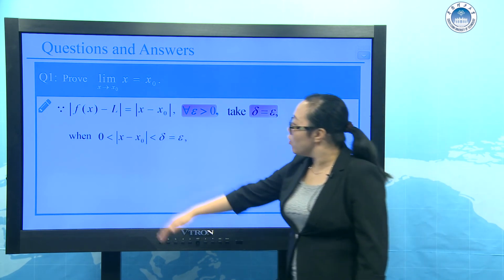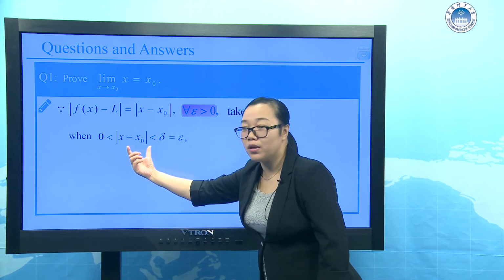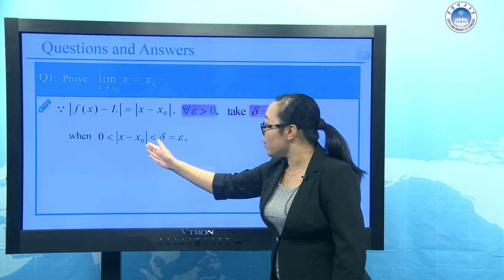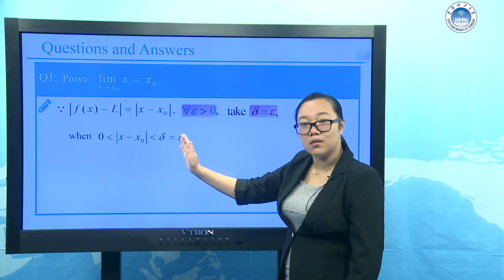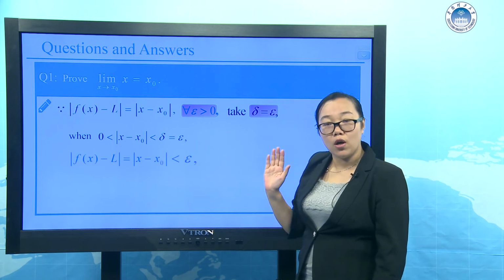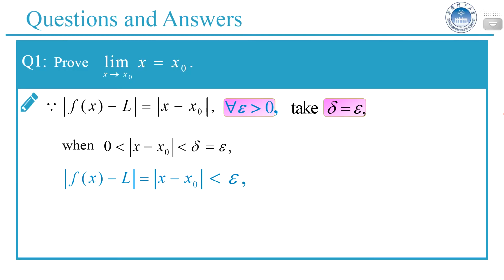At this time, for any x, if x is in this interval, 0 less than |x minus x0| less than delta, where delta equals epsilon, we always have |f(x) minus L| equals |x minus x0|, which is less than delta.